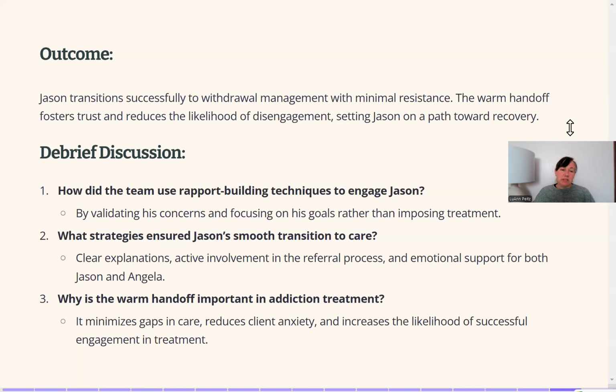So debrief discussion. How did the team use rapport building techniques to engage Jason? By validating his concerns and focusing on his goals rather than imposing treatment, right? So we focused on what he was concerned about, and then we explored what treatment might look like for him. So what strategies ensured Jason's smooth transition to care?